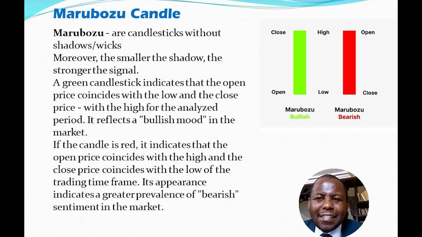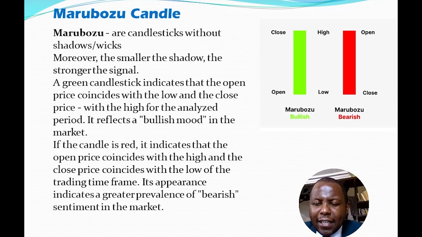It means that the price is stuck to those particular price ranges. So the opening was here and the closing was here. So you can have a Marubozu which is bearish and one which is bullish, such that one would depict that eventually the price closed higher.